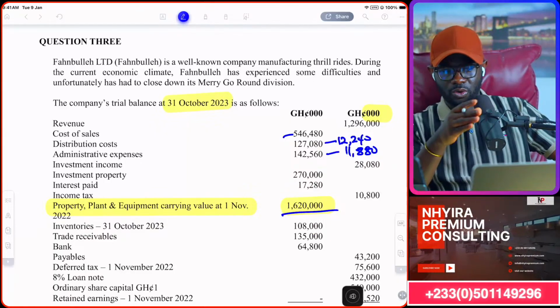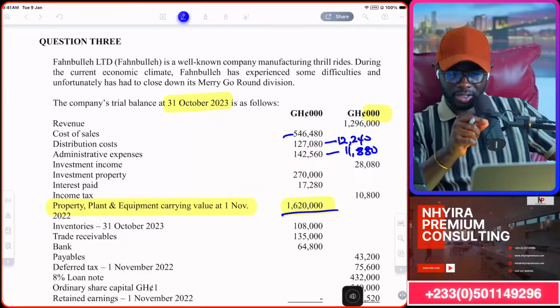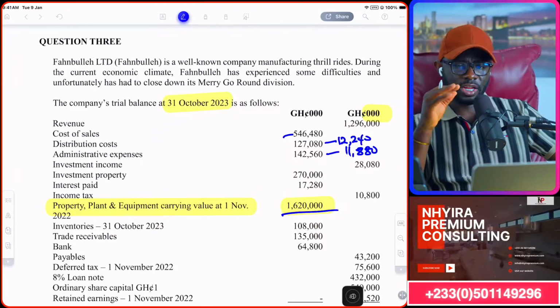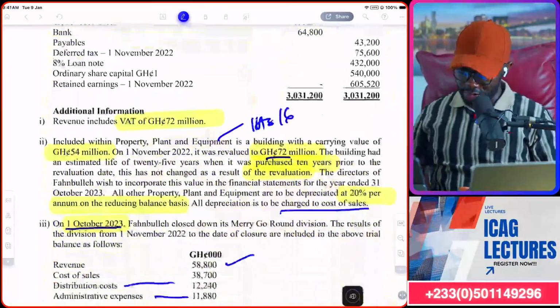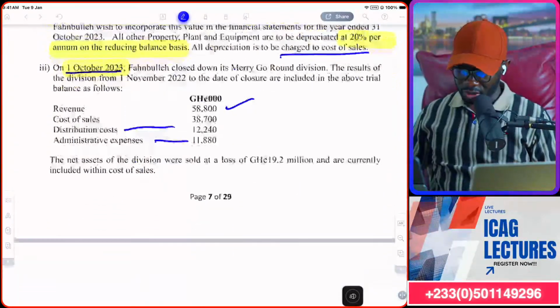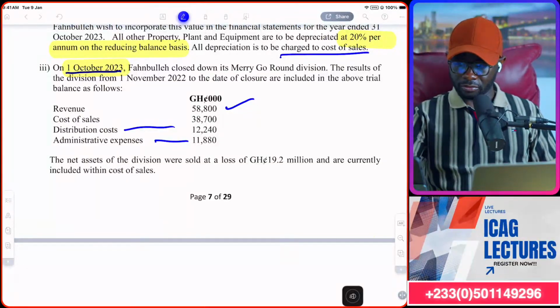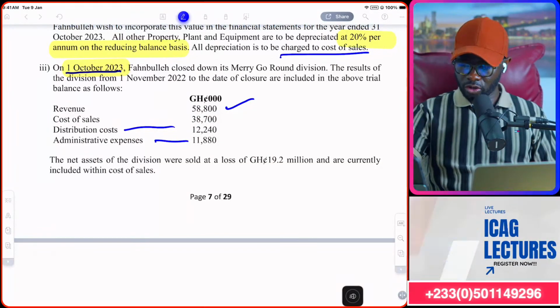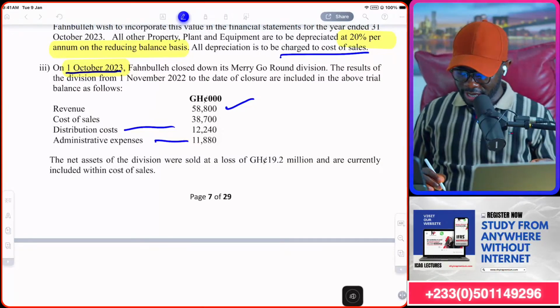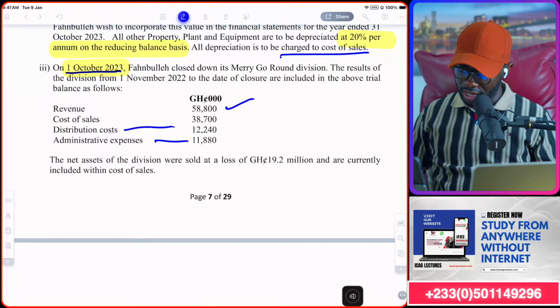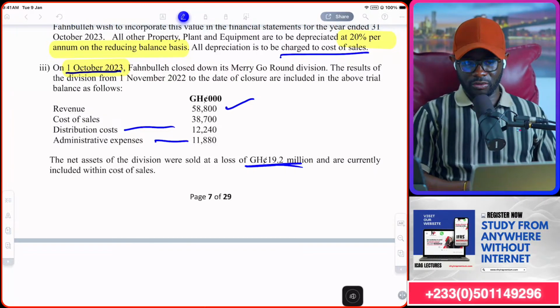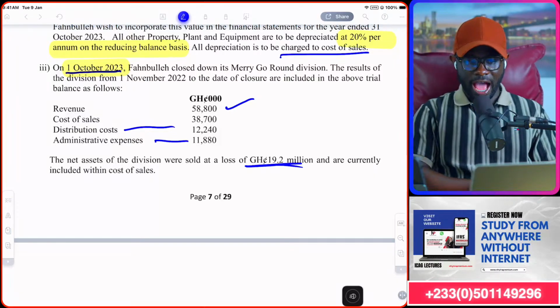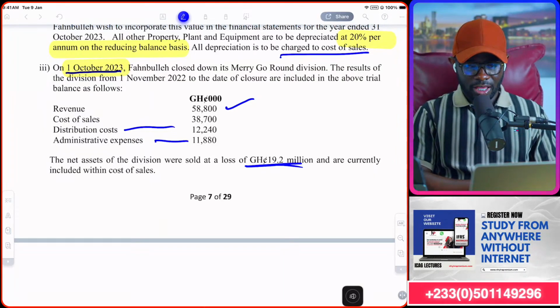I would want to do this on the face of the financial statement, because remember, you are working with time. So some of the workings, very simple like this, if we don't have a lot of information about it, then we want to just do it on the face of the financial statement. So I will do this on the face if we don't have additional information coming up for the period under review. Then we go to the net assets of the division were sold at a loss of this and are currently within cost of sales.